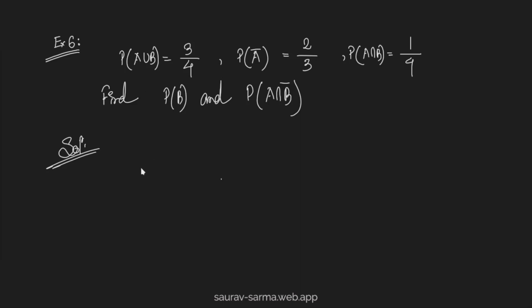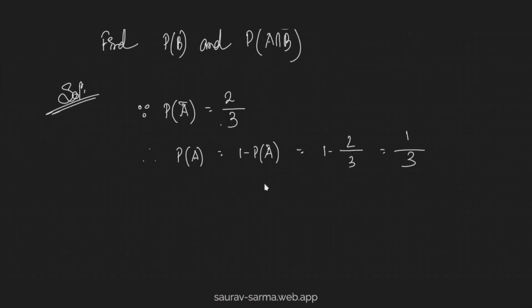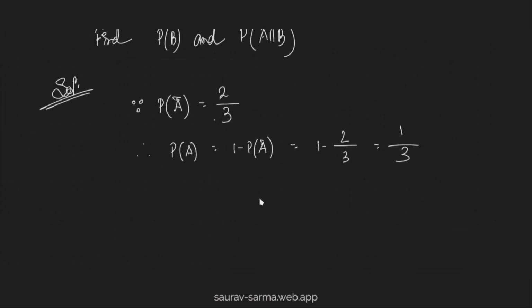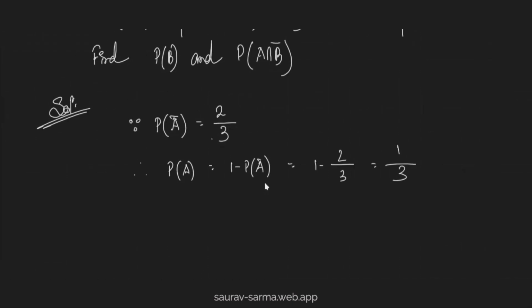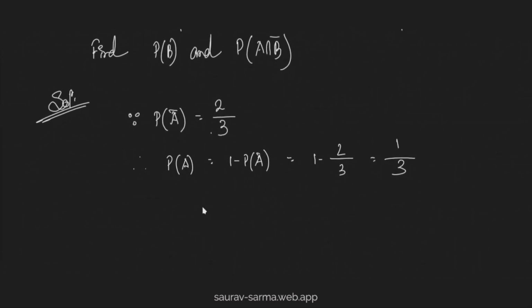So আমাক যদি এই দুটা বস্তু ওলাব দিছে then solutionত কি হ'ব, union আছে, intersection আছে, A bar আছে. So A bar দিয়া আছে মানে, since probability of A bar is 2/3, therefore probability of A is 1 minus probability of A bar, is 1 minus 2/3 is 1/3. So আমি probability of A এর value পালো, right. So probability of A এর পিছত আমাক এতিয়া B লাগে.